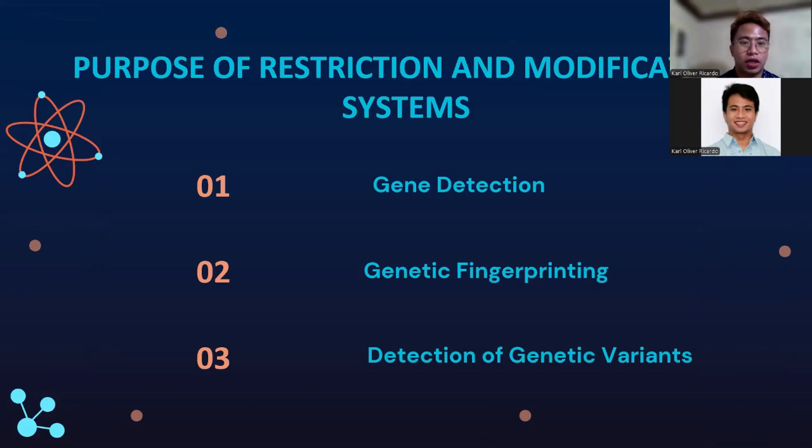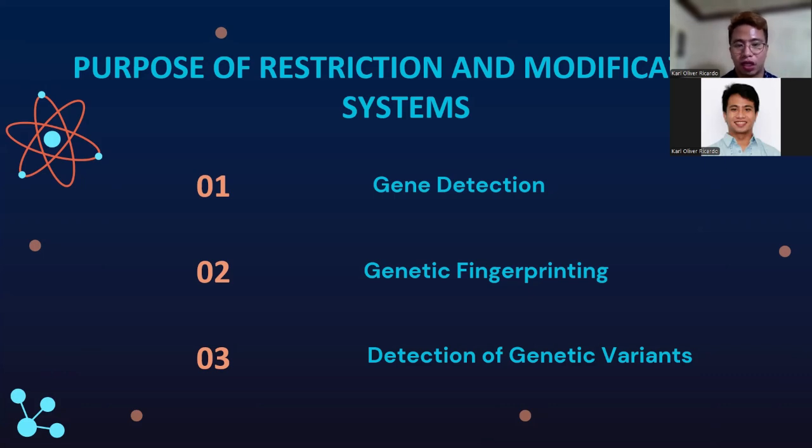I forgot to change the restriction and modification. So the purpose of Southern blotting, first, is gene detection. Gene detection is used to identify specific genes in a complex DNA mixture, which aids in the diagnosis of genetic disorders.